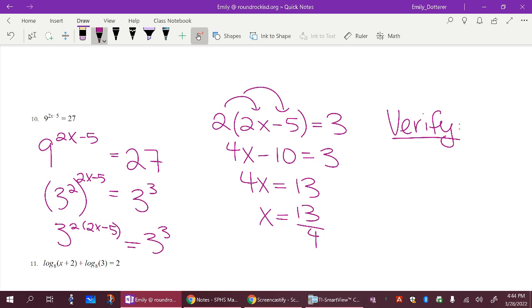Okay. 9 to the 2 times 13/4 minus 5 equals 27.